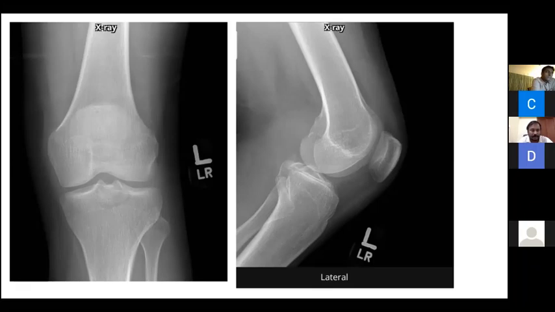Here it looks like around 2 centimeters, so we can get 2 screws, 4.5 partially threaded. Okay, so that is one way. The arthroscopic method is also there, where you drill tunnels, and pull the fragment and put it with the fiber tape.